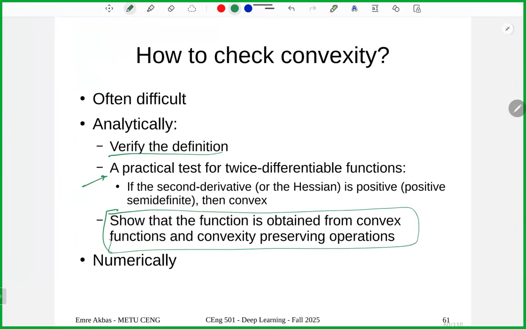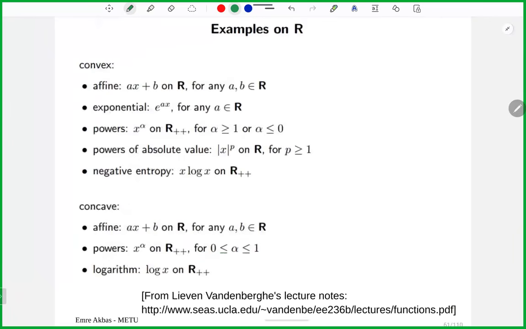So what are the convex functions and what are the convexity preserving operations? Because these are all known, right? There are basic functions such as the affine function ax plus b, exponential function, powers of absolute value, negative entropy, things like this. These are convex.